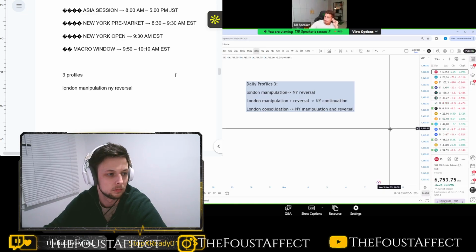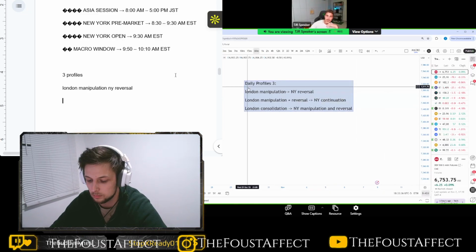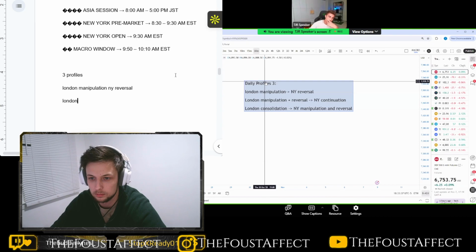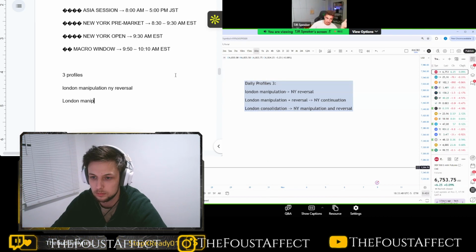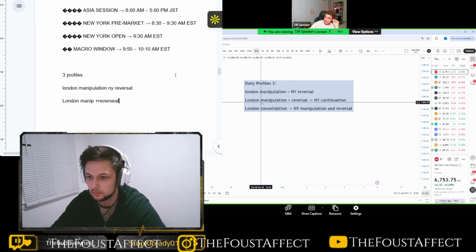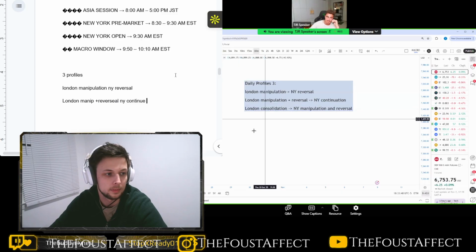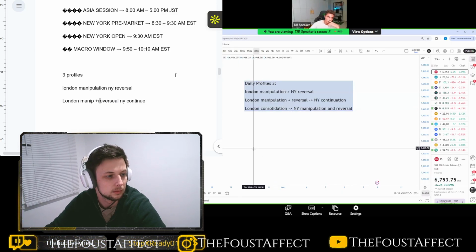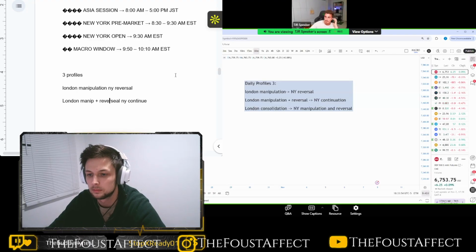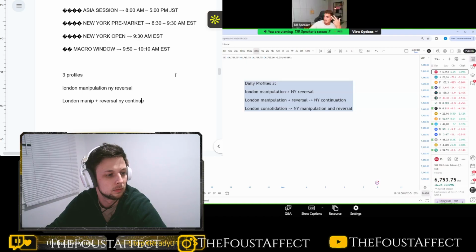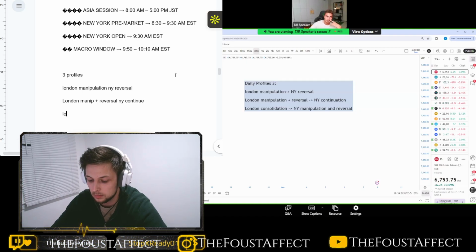Now, we are able to identify these daily profiles by looking for manipulations, or lack of manipulations, okay, of our significant draws on liquidity. So high time frame highs and lows, previous session highs and lows.